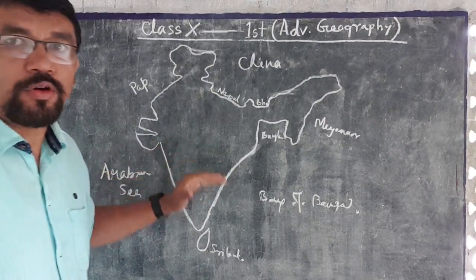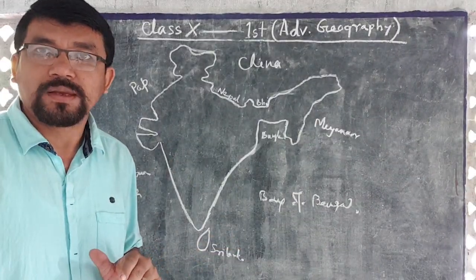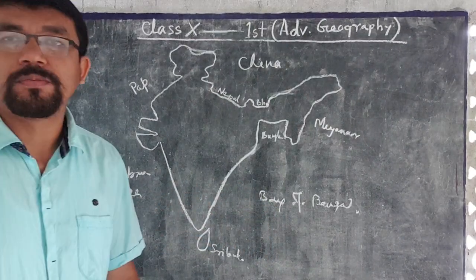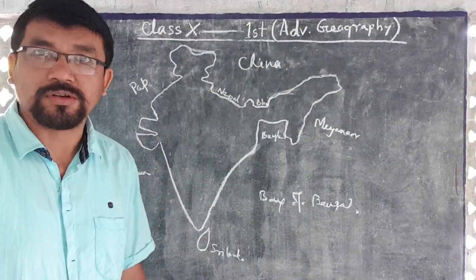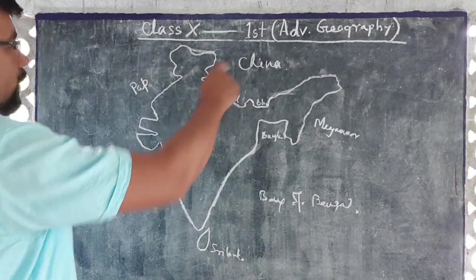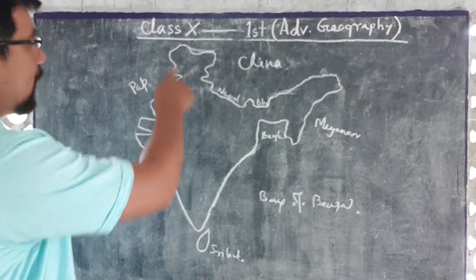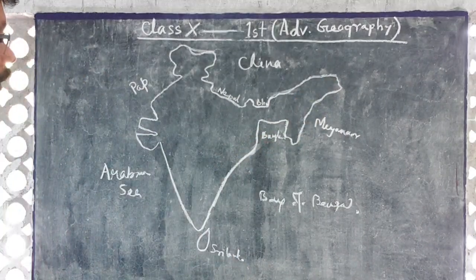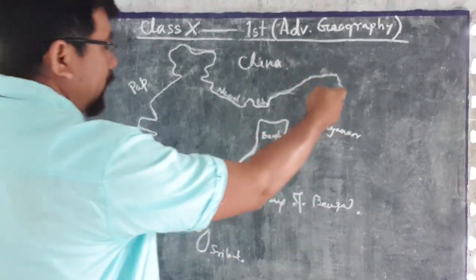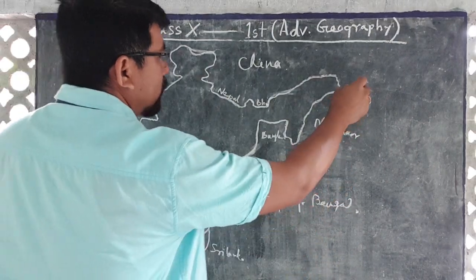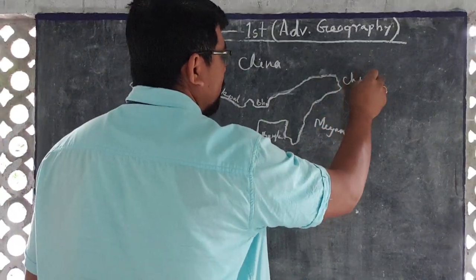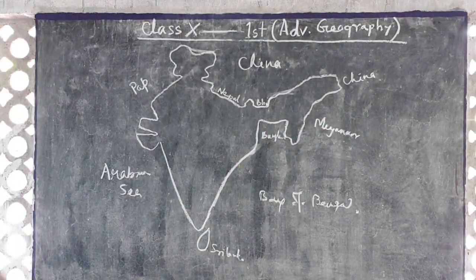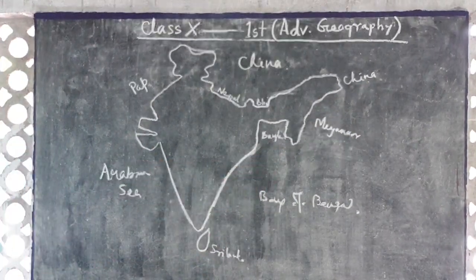The complete southern part is covered by the Indian Ocean, and the Bay of Bengal and Arabian Sea are part of the Indian Ocean. In the north, China and the Himalayas mountain are located here. In the eastern side, here is also China, Myanmar and Bangladesh.